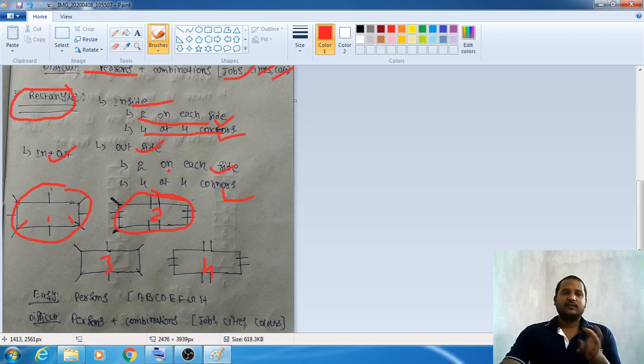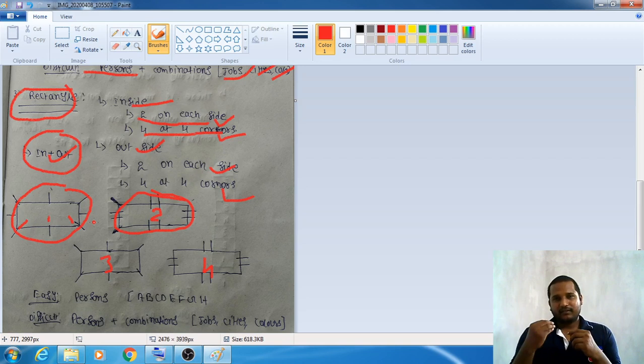So whatever we discussed in the square is also applicable in a rectangle sitting arrangement. The last one is inside plus outside. Inside plus outside, we have to decide based on the given data only. Don't fix that if you consider 8 members, then 8 inside and 8 outside, or 6, or 9, 10. Don't fix.